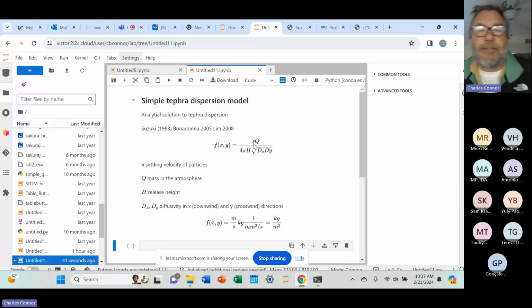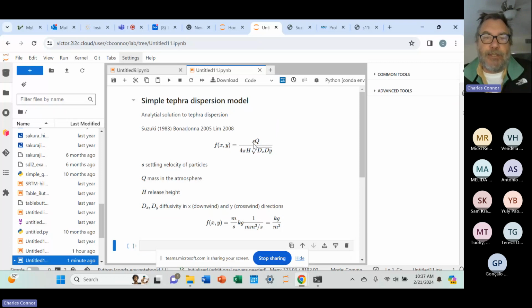And so settling velocity is in the numerator. If the settling velocity is in meters per second, big particles, according to Walker and Wilson, are going to have a higher settling velocity. Smaller particles are going to have a smaller settling velocity.